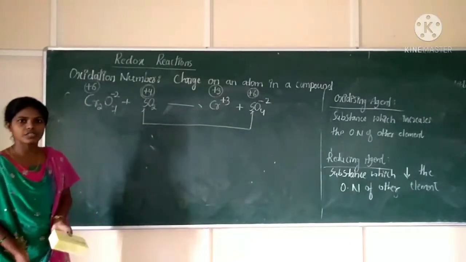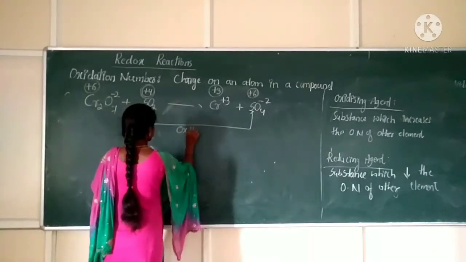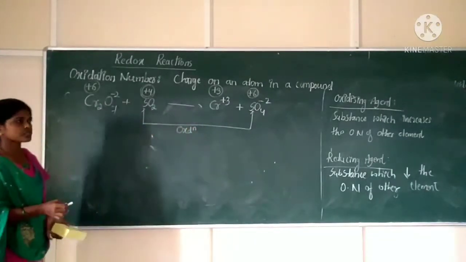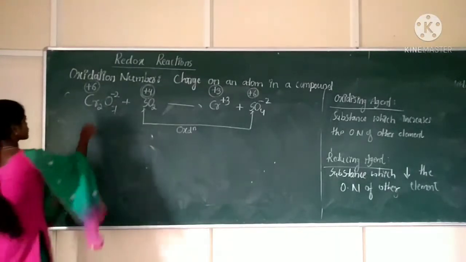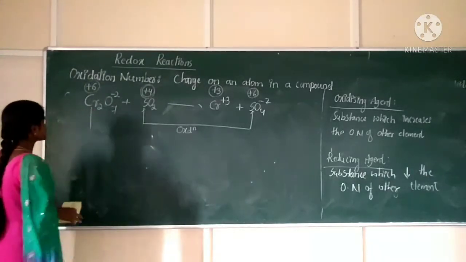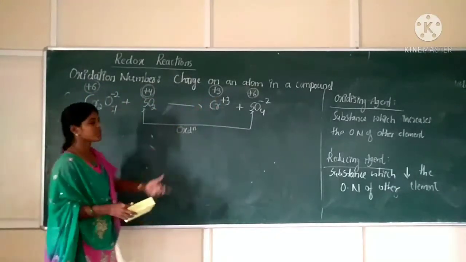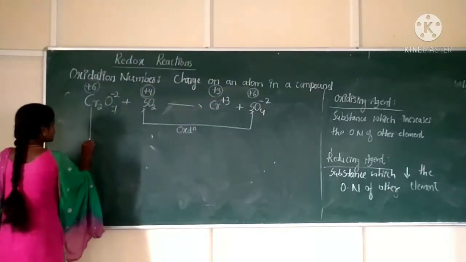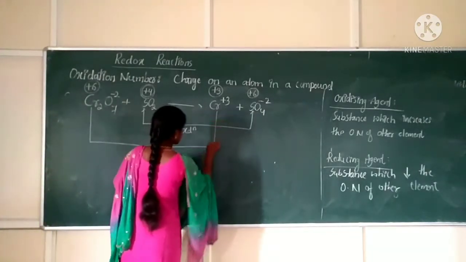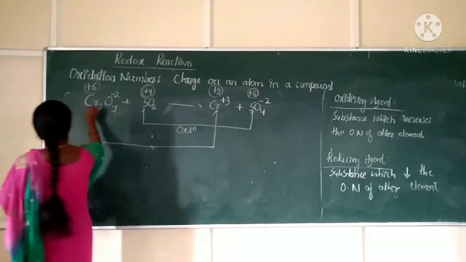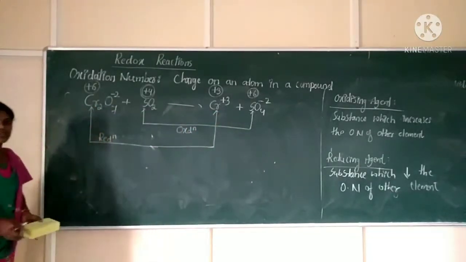An increase in oxidation number is called oxidation. Now, which element is undergoing reduction? Chromium is undergoing reduction. Plus 6 changes into plus 3, which means a decrease in oxidation number. It is undergoing reduction.